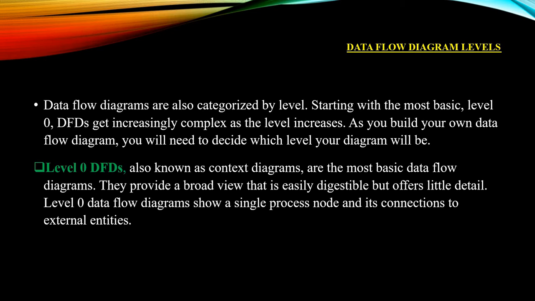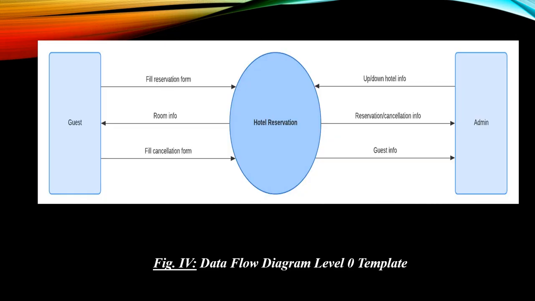The first level of DFD is known as level 0 and is known as the context diagram, which is the most basic data flow diagram to provide a broad view, which is easily digestible but offers little detail. It is less detailed and very simple. A level 0 data flow diagram shows a single process node and its connection to external entities.